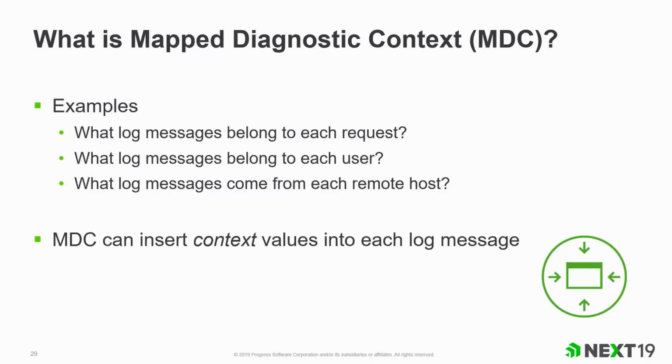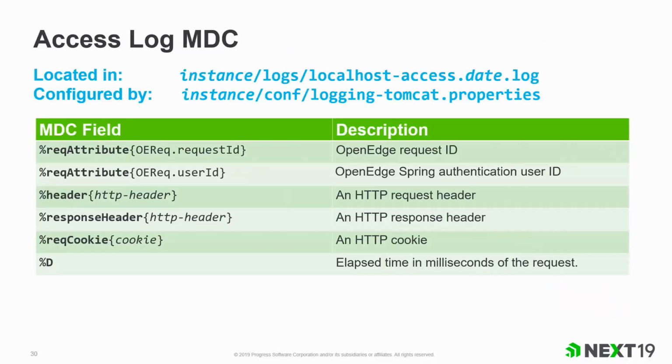So the idea behind Mapped Diagnostic Context is actually kind of a simple idea with a complex name. The idea behind it is that you can inject context into each log message. So as the log message is being generated at runtime, you can add more information to that log message. So what can we add to it?